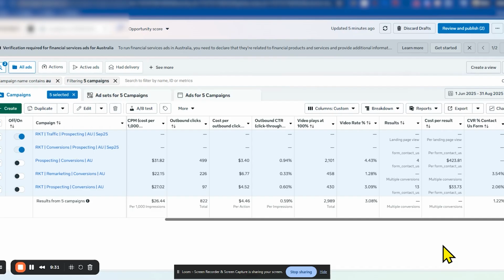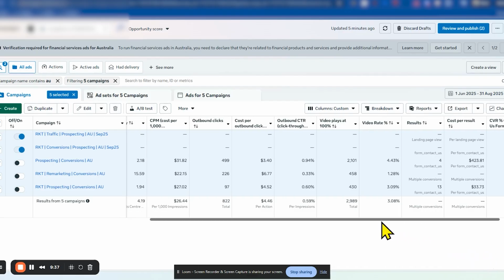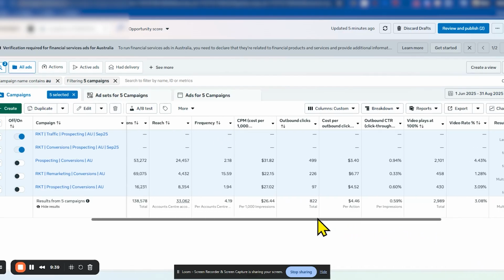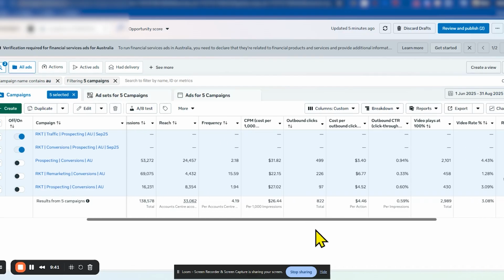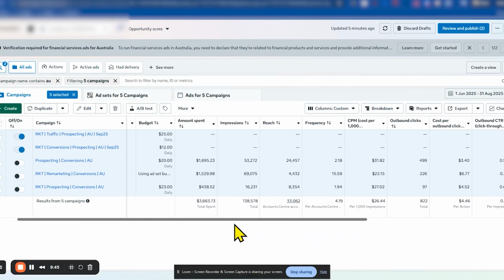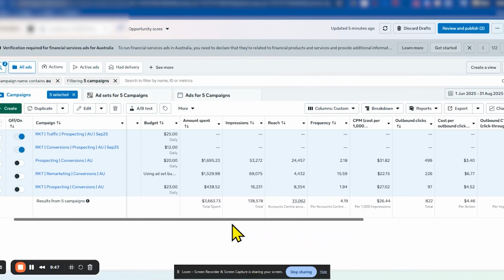That's what we're looking at. We also have conversion rates here, 1.22%. And the other thing I want to show you is the CPM. CPM was roughly $26. So this is what we're comparing it with.